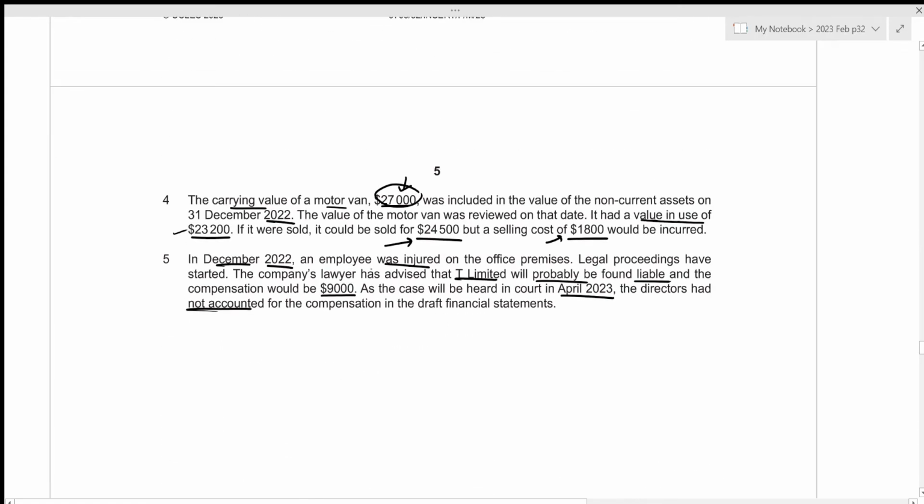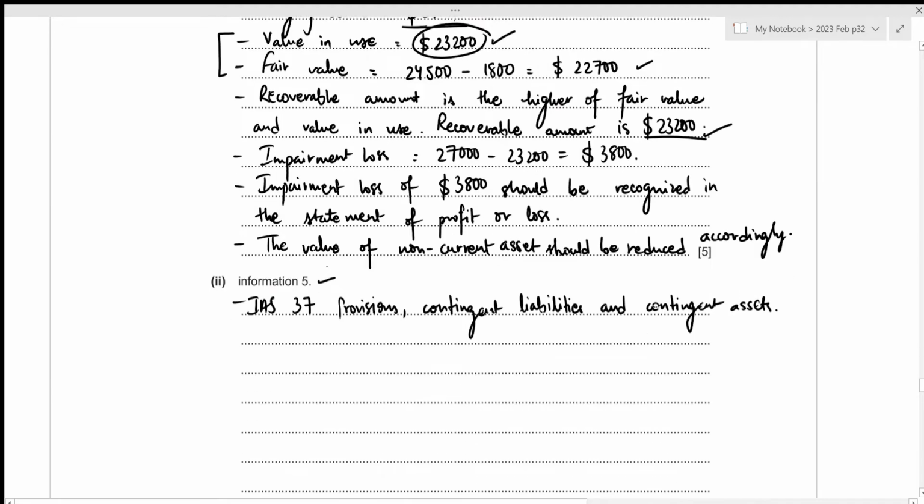And the employee was injured in December 2022, which means that the incident occurring in December 2022 is a past event. Let's write it down. The incident occurring in December 2022 is a past event.